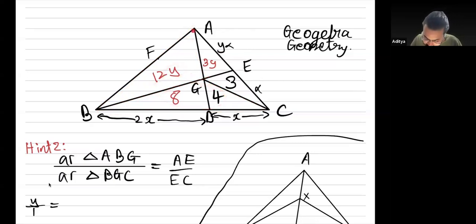Now, if you notice triangle ABD and ADC, these two should have their area ratio in the ratio of the bases.